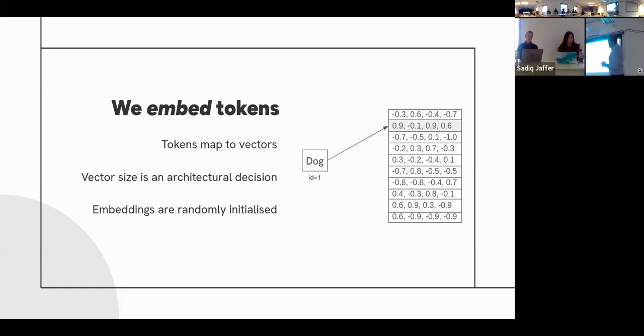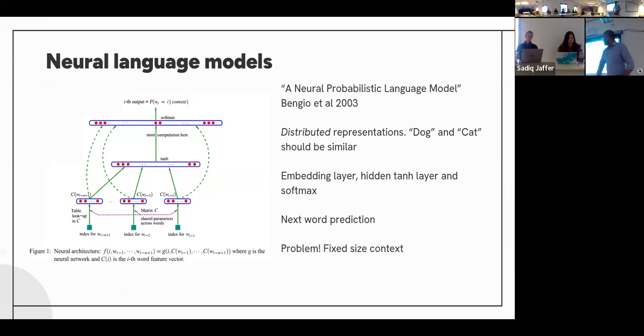And these embeddings are randomly initialized, but they are then learned by these models, right? One of the early ones is the neural probabilistic language model by Yoshua Bengio. What they do here is they look up these tokens in the embeddings, which go through one hidden tanh layer, and then there's a softmax layer.